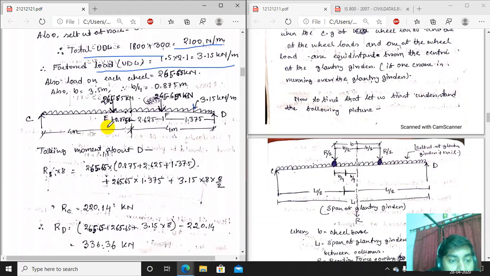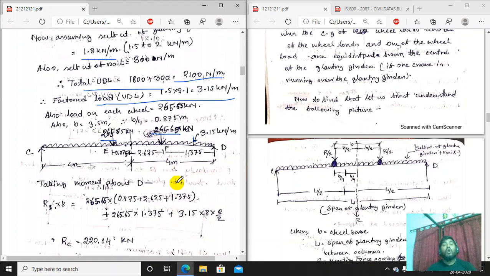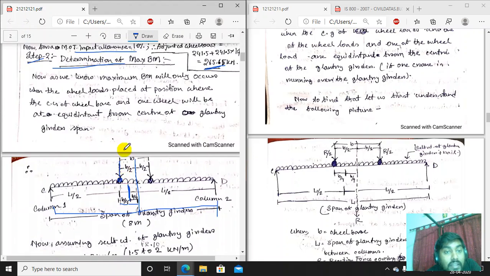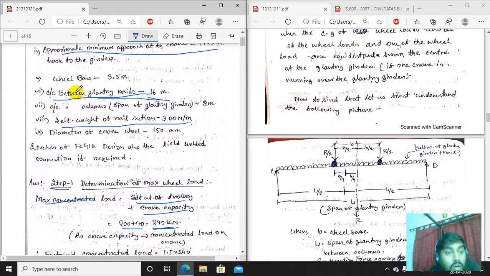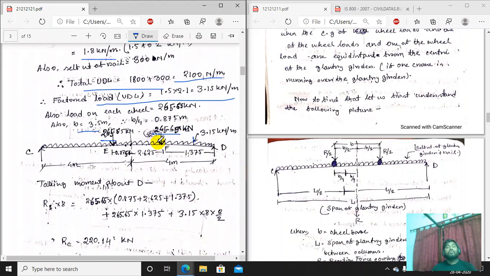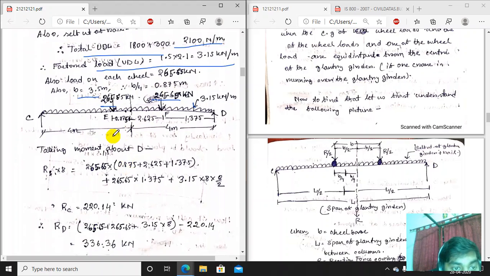So we put the value 265.65, 265.65 here. Now equate B/4. The value of the wheel base is given as 3.5 meter. So B/4 equals 3.5 by 4, which is 0.875.